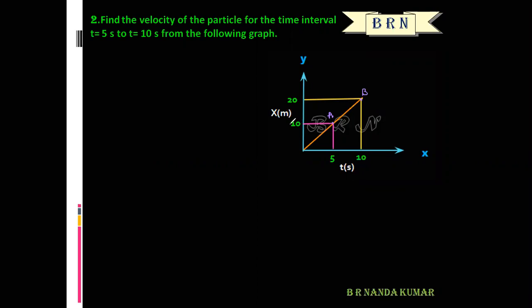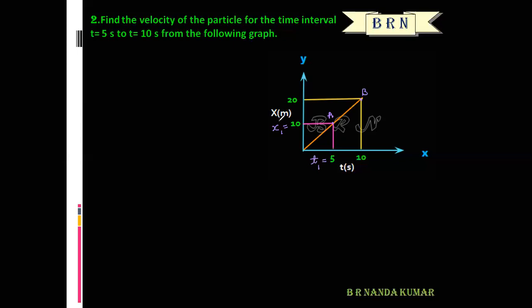Here, what is the initial displacement of the particle? The displacement corresponding to point A is x1, and x1 is equal to 10 meters. This is the initial displacement of the particle. And the time corresponding to point A is 5 seconds.